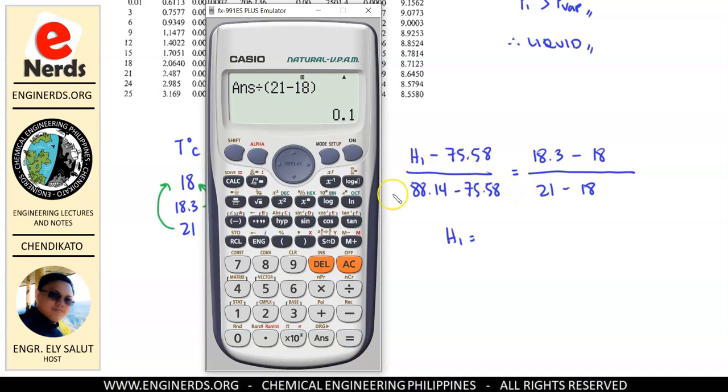Then we're going to multiply that dito sa 88.14 minus 75.58. Okay, because we're going to transpose that to the right side of the equation. So we're going to multiply that here, 88.14 minus 75.58 is equal to 1.256.